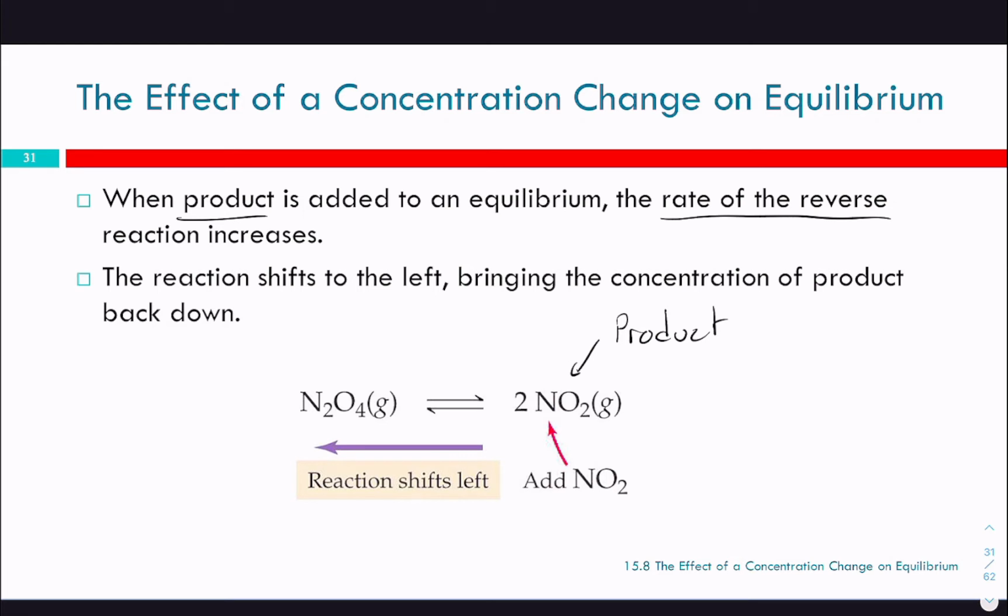So that rate increases, and so the concentration of the reactants will go up. If that concentration increases, then that rate will increase, and so you'll reach this point in the middle again, where now we've got higher concentrations of both products and reactants, but they sort of come up together until those rates are the same again. So increase in concentration increases the rate and causes the reaction to shift.